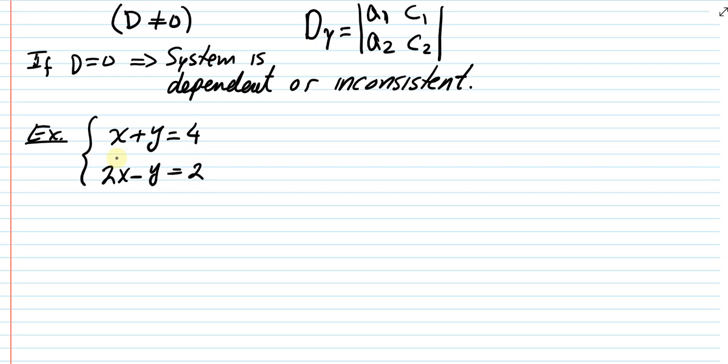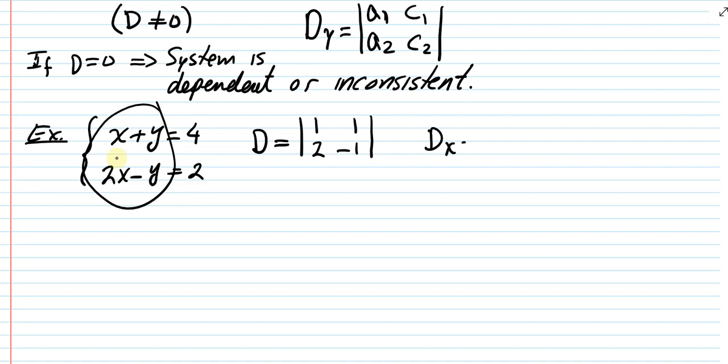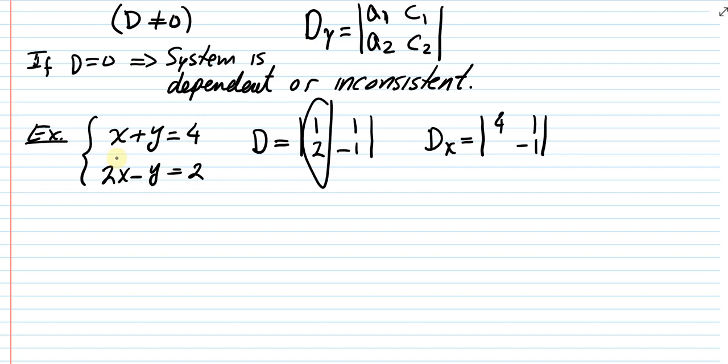And let's form our D, Dx, Dy. Remember, D is the determinant of the 2 by 2 matrix of coefficients. Coefficients are the numbers in front of x and y. For Dx, you throw away the x column, keep the second column, and replace the first by the column of constants.